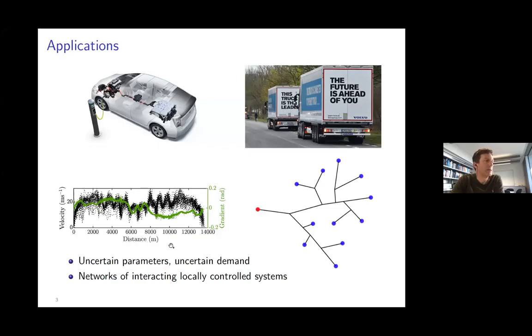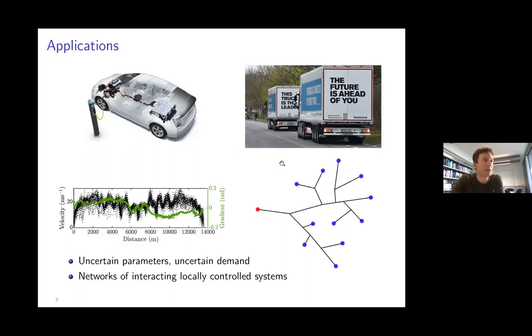Another example is with autonomous agents interacting over a network, and particularly if the network is changing over time, so you have new agents entering the network, then the agents need to be able to adjust their control strategy based on the other agents that they're interacting with.